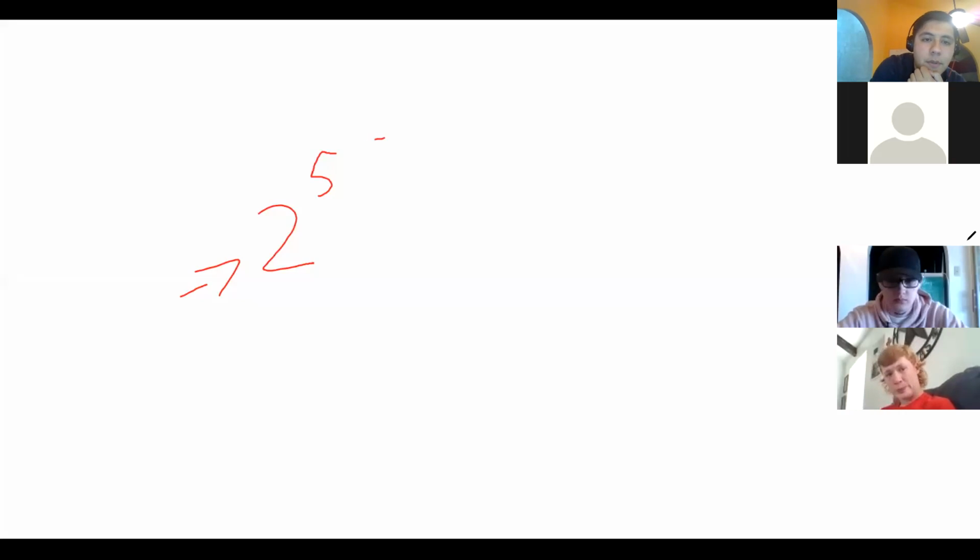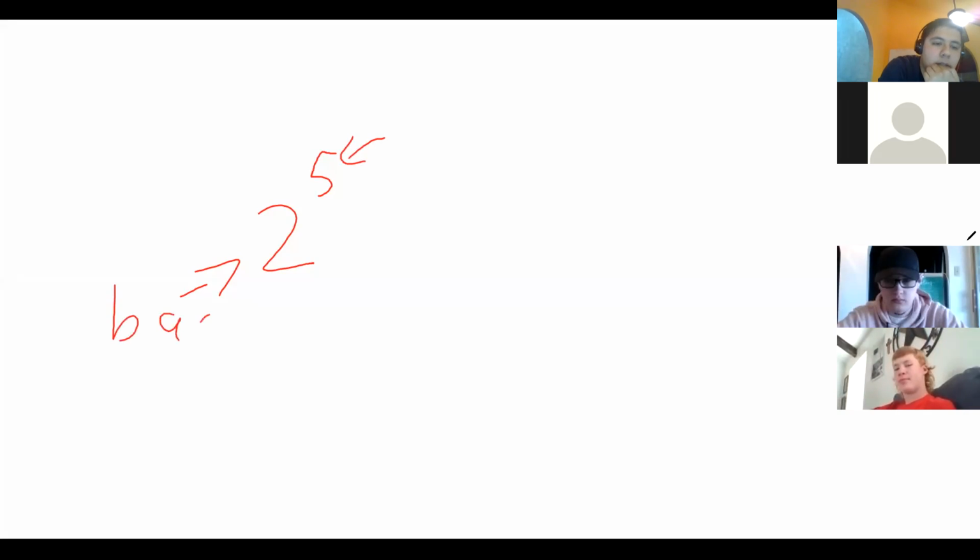Okay, so for example, let's talk about what the base is versus what the exponent is. Now I'm going to share the screen. Which one of these is a base and which one is the exponent? The base is 2, the exponent is 5.